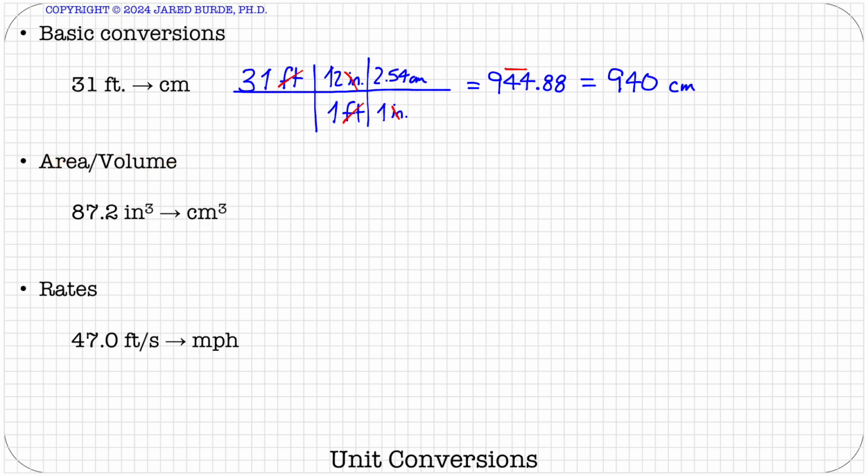I can do the same thing with an area or a volume measurement. Here I have a volume, 87.2 cubic inches. So again, I'm going to take that value, and the idea here, when you have area or volume measurements, basically what's happening is this. We said that 1 inch is equal to 2.54 centimeters.